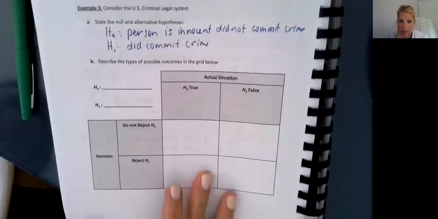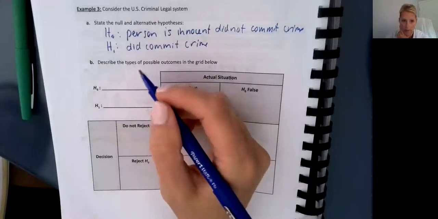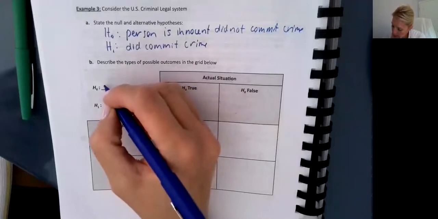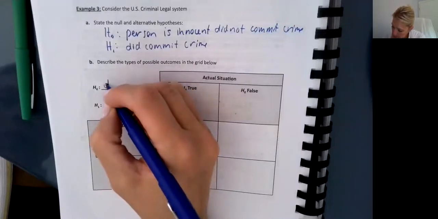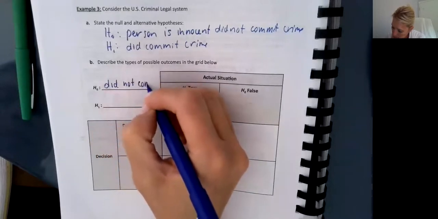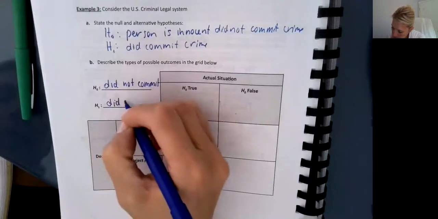So it says describe the types of possible outcomes in the grid below. Okay, so we already did that here. We said did not commit, did commit.